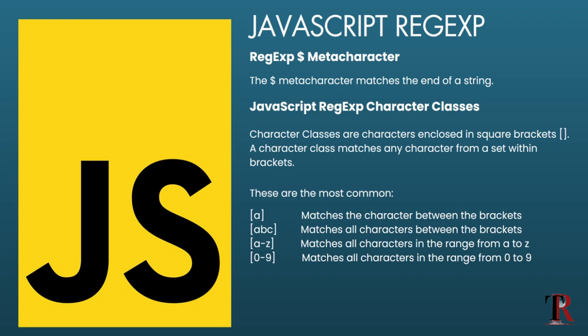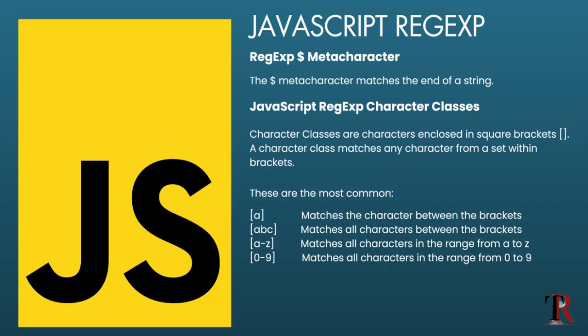We have [a-z], that matches all characters in the range from a to z. [0-9] matches all characters in the range from 0 to 9. So these are the most common. These are by no means an exhaustive list of the regex character classes, but these are the most common that you often see in action or in demonstrations.